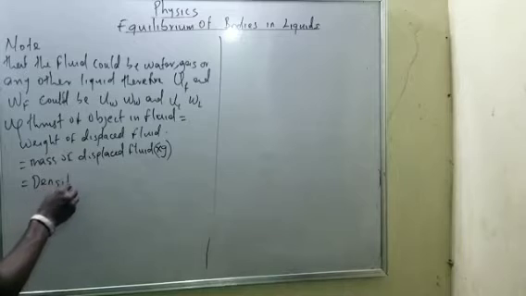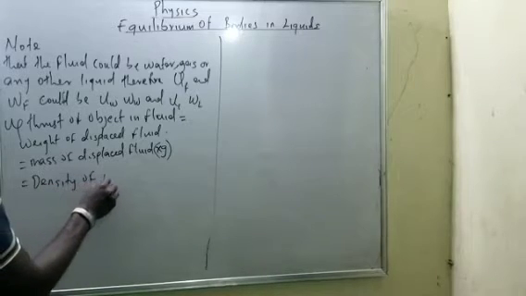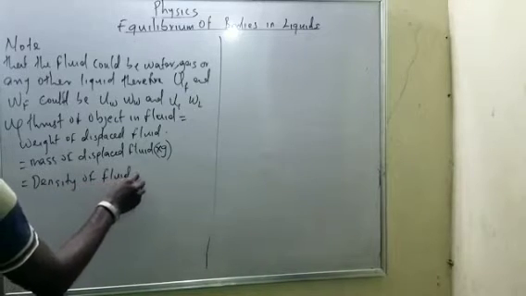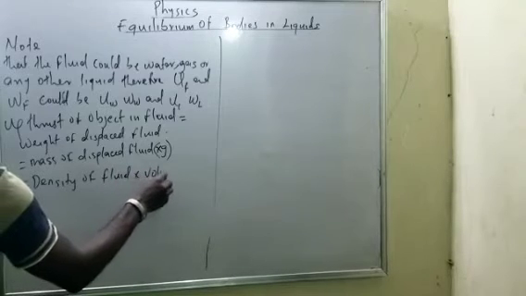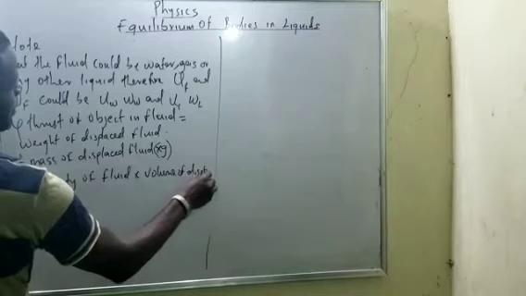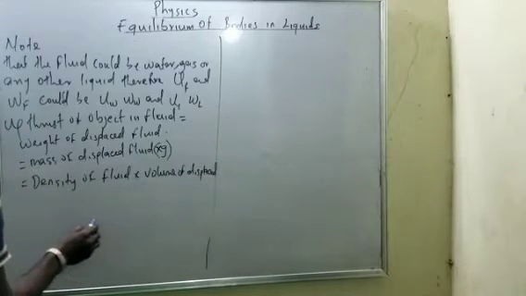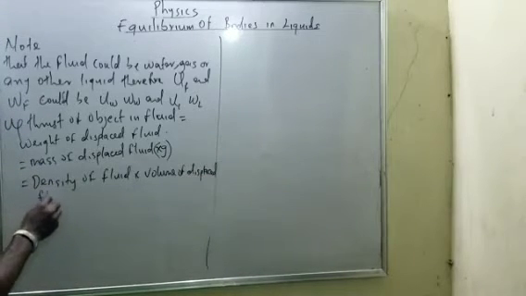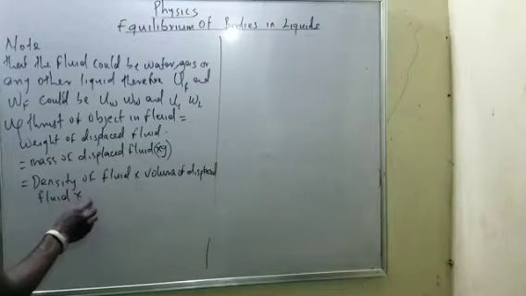density of fluid multiplied by volume of displaced fluid, which is x.